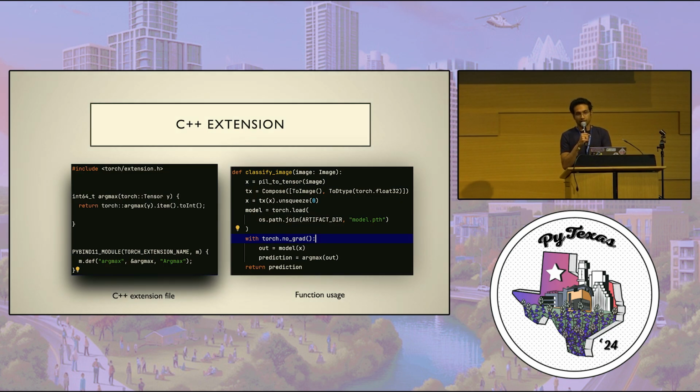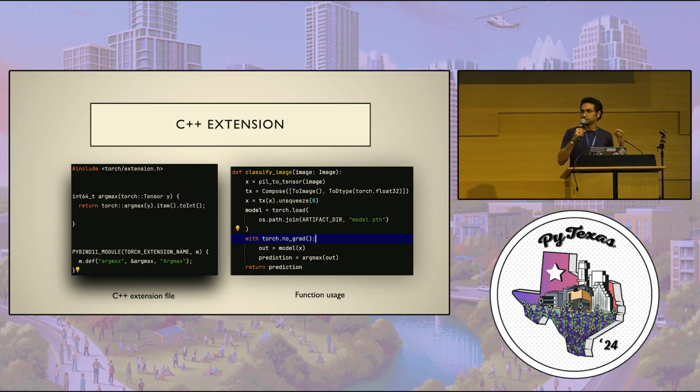So this is how our C++ extension looks. On the right, you have our classify image function, which takes the image of a digit, maybe a 4 or 5, converts it to a tensor, loads the model, and then runs it through the prediction.